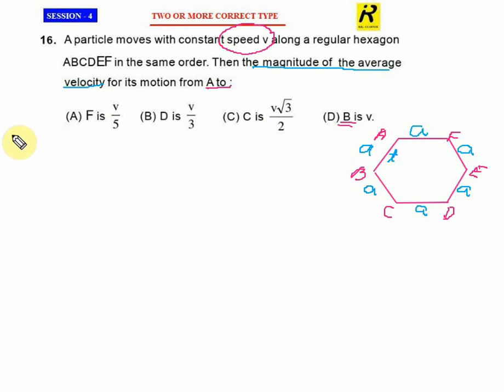To do that, I should know the term velocity, that means the average velocity is net displacement divided by time. So in the interval A to B, the time taken is t, and it made a displacement A. So for that reason I may say, v is equal to A divided by t. This is how I can write.